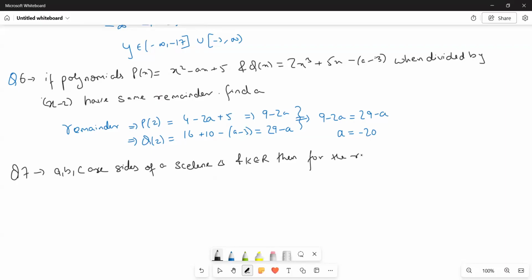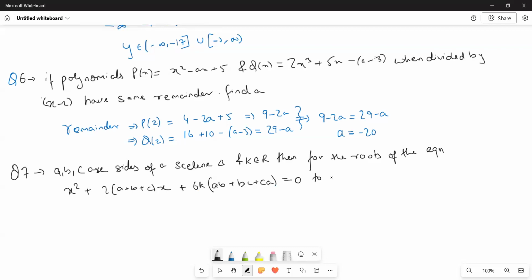for the roots of the equation x square plus twice of (a plus b plus c) x plus 6k times (ab plus bc plus ca) equal to 0.